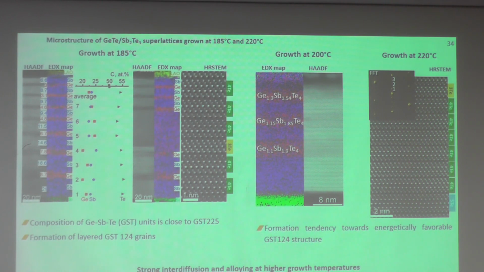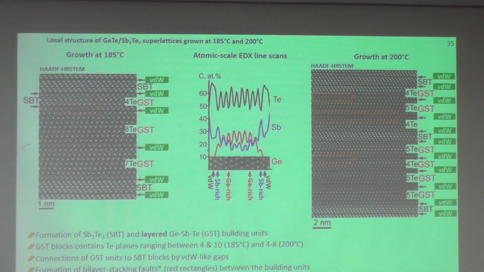So instead of the formation of germanium telluride, we have the formation of germanium antimony telluride material.